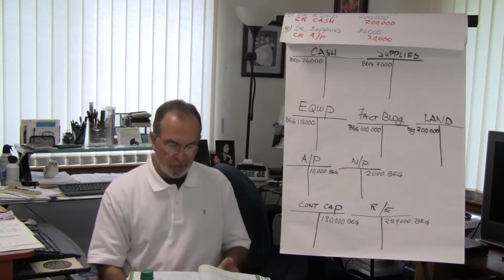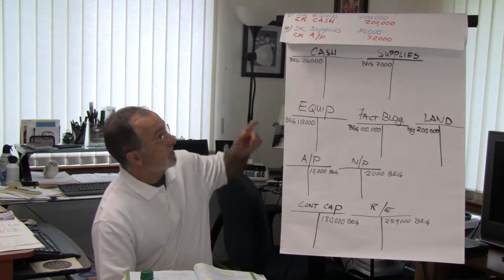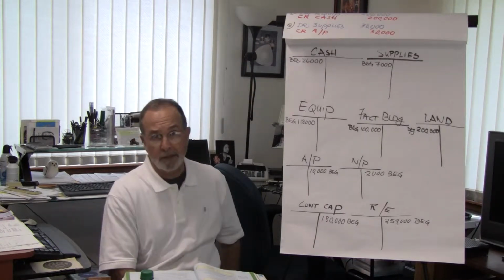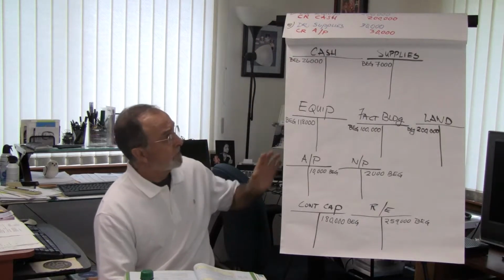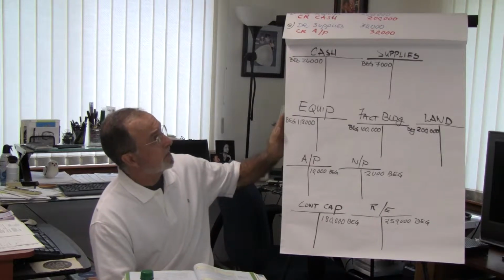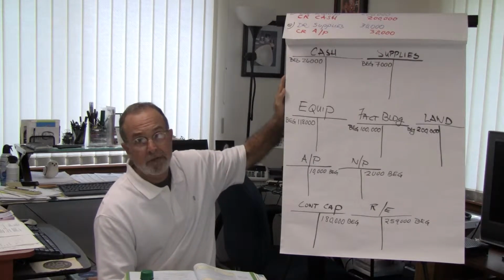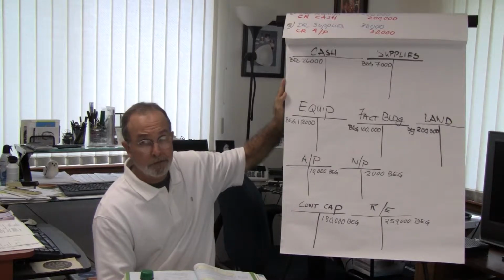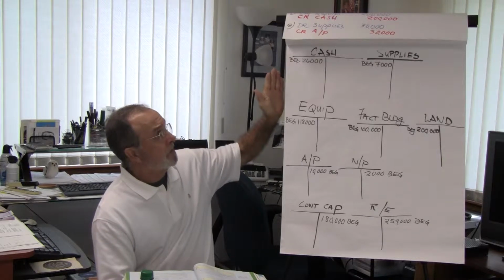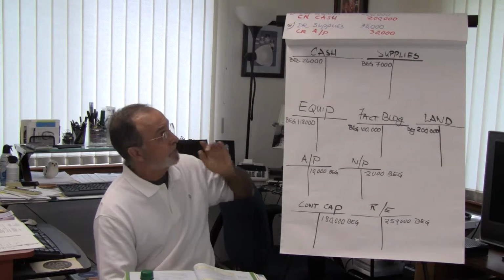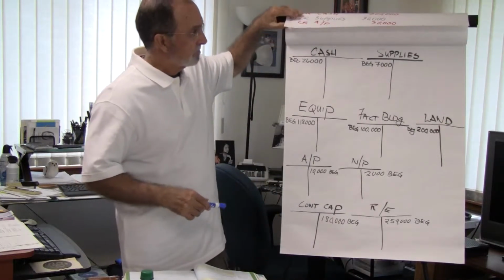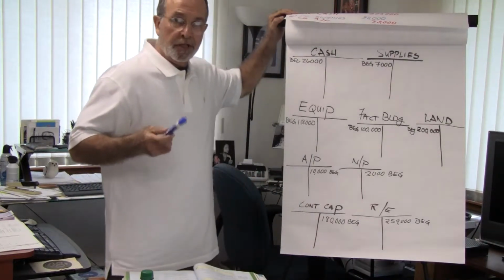Okay, now for requirement 3, what I've done here is gone to a third flip sheet and I've put in the T accounts for all the accounts that we are using. What I've also done for each of these T accounts, I've put in the beginning balances.